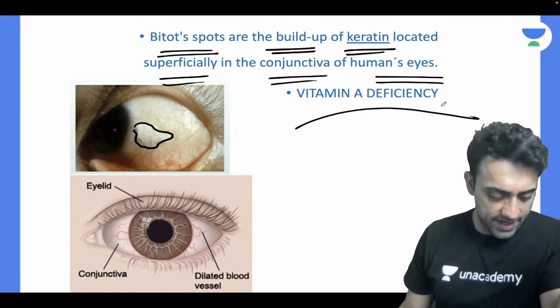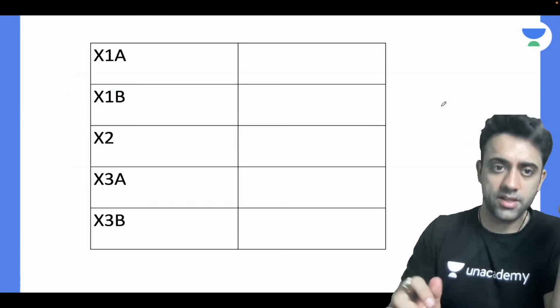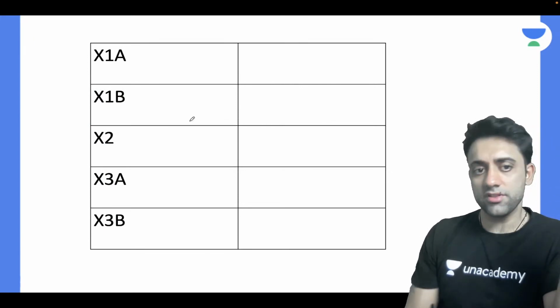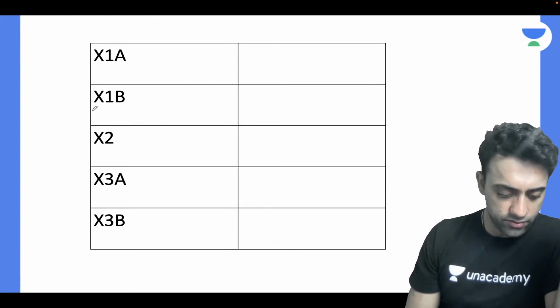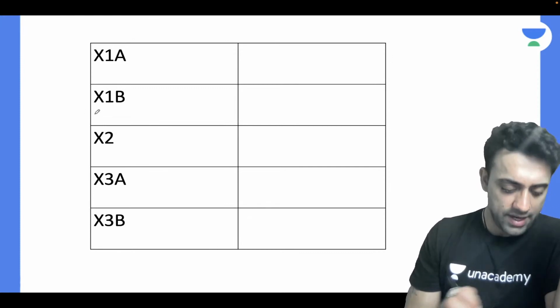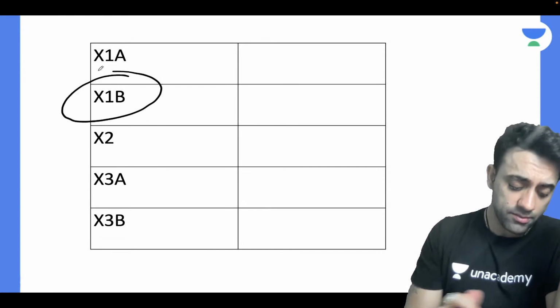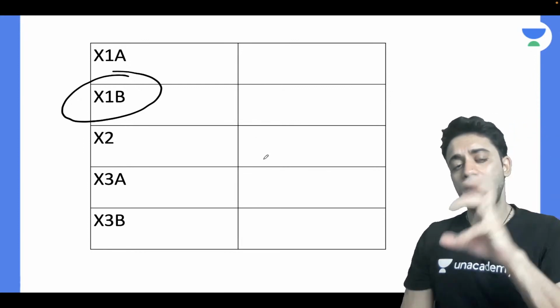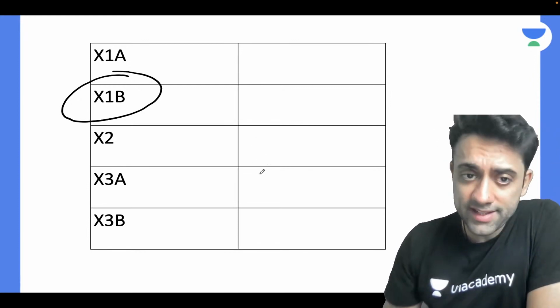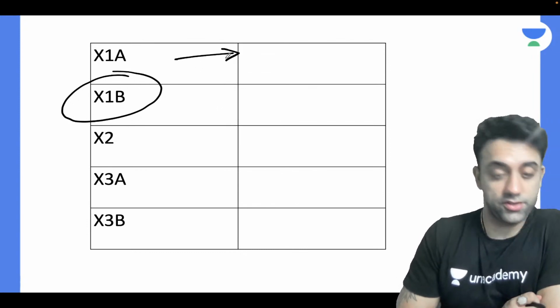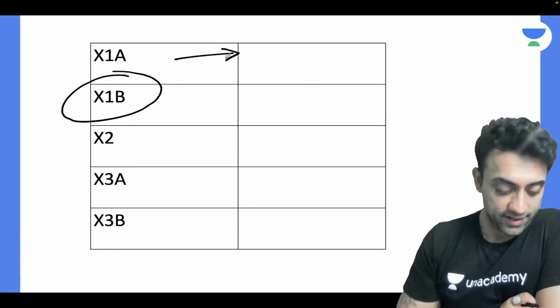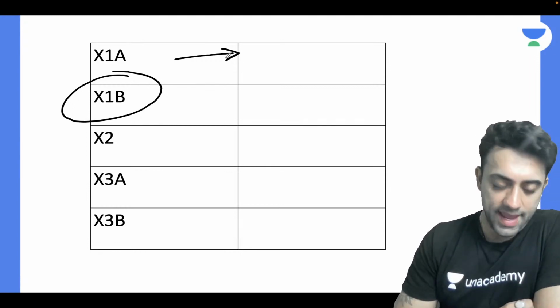It is seen in vitamin A deficiency. Bitot spots come under which classification of vitamin A? Exactly, in the X1B classification you get Bitot spots. Now, can we please revise the vitamin A classification? What happens in X1A?